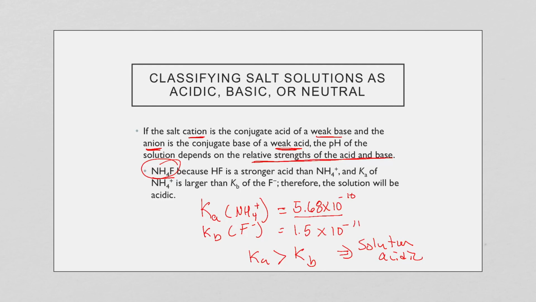And so more hydronium than hydroxide, Ka bigger than Kb, the solution would be overall acidic. And so that's how we can analyze one of these problems where both the positive ion and the negative ion have an effect.